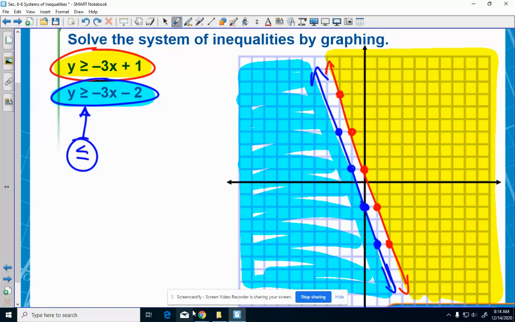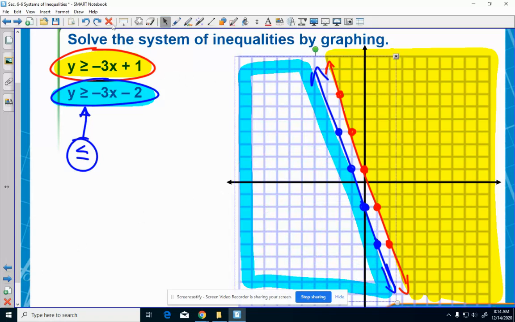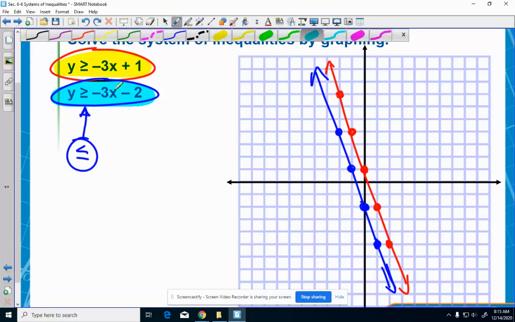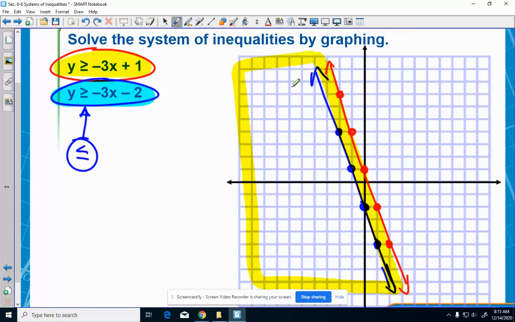Or if the blue line was shading above and the red line was shading below, okay, if it had looked something like that, like if we take that one away over there. Maybe one more time. Okay, you know, what if the red line was shading below? That would have been everything over here.